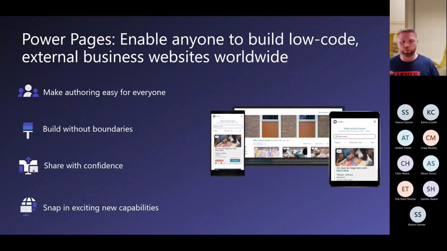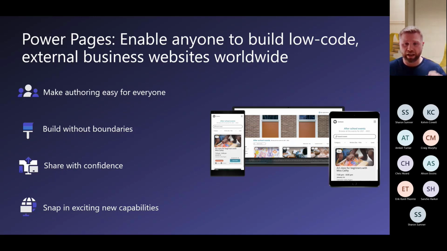And we've built Power Pages around 4 key principles or pillars. The first one is making authoring easy for everyone. What this really means is that we're enabling everyone within an organization to design and launch engaging websites in minutes with no code required. We also make it easy for you to get going through the design studio and templates that I mentioned before.